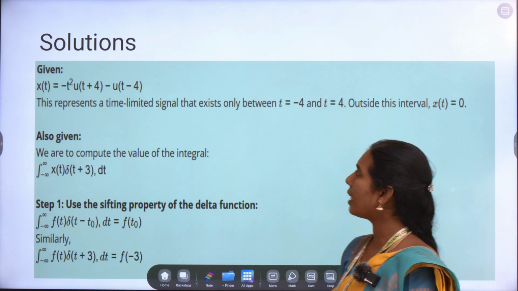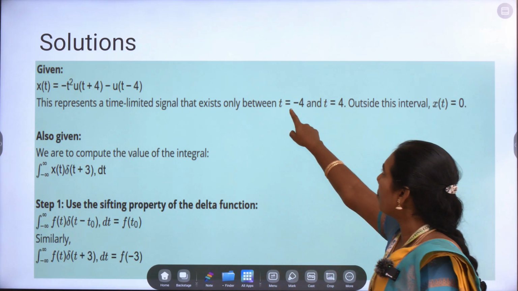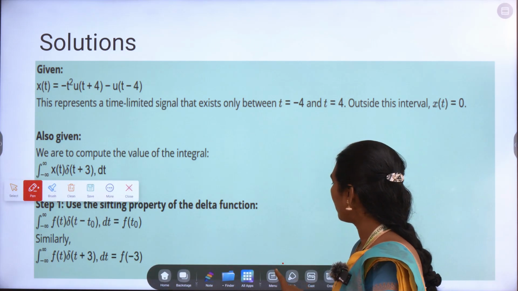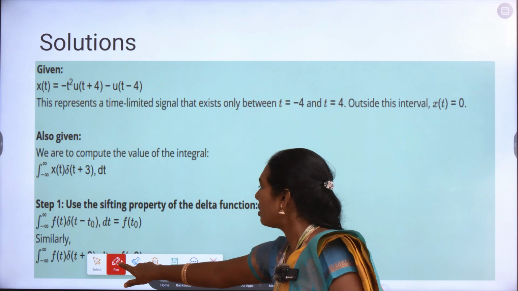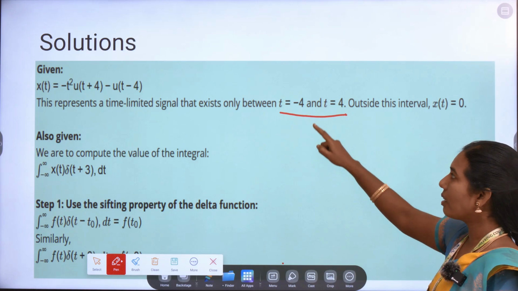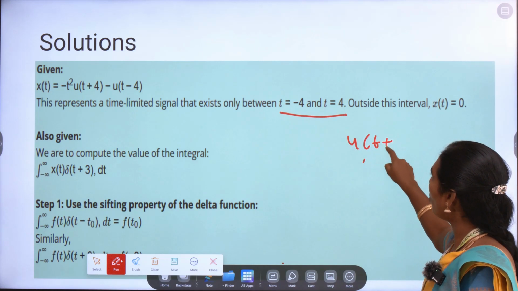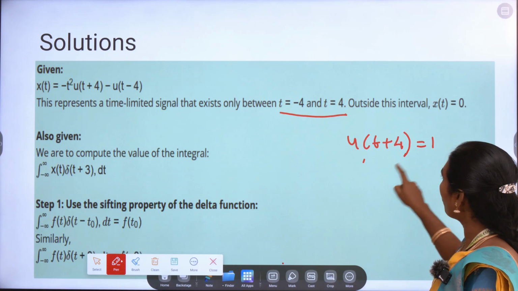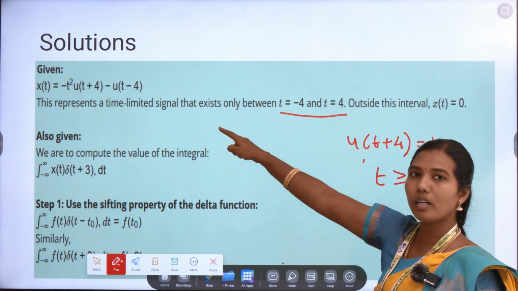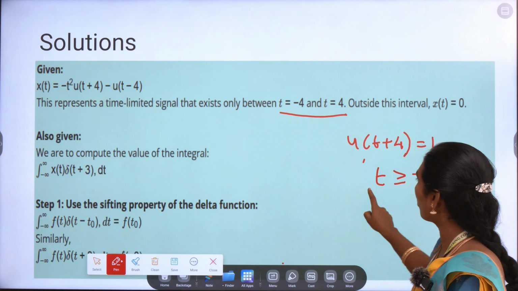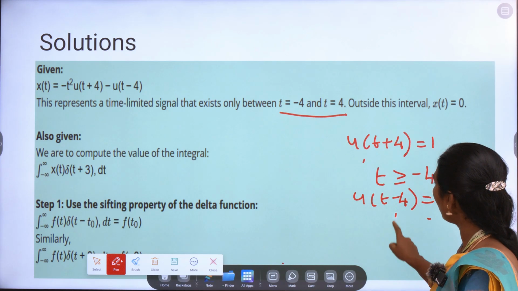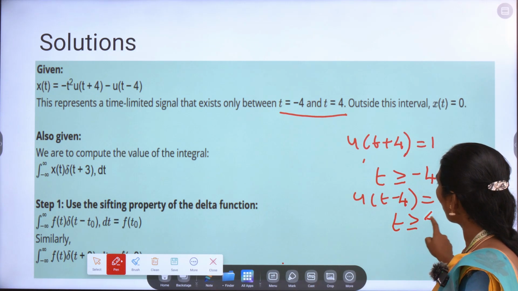This represents a time limited signal that exists only between minus 4 and plus 4. u of t plus 4 is equal to 1 for t greater than or equal to minus 4, and u of t minus 4 is equal to 1 for t greater than or equal to 4.